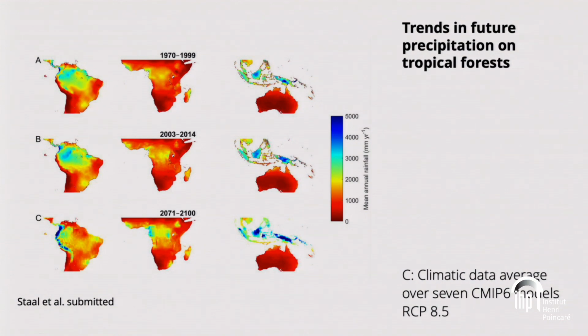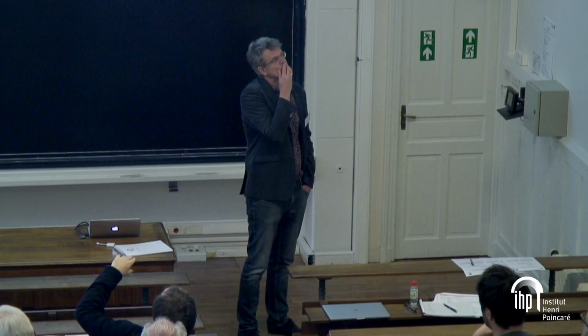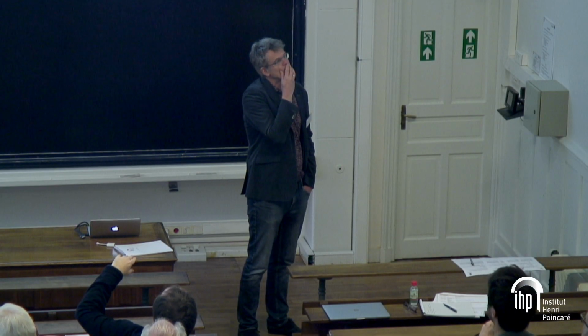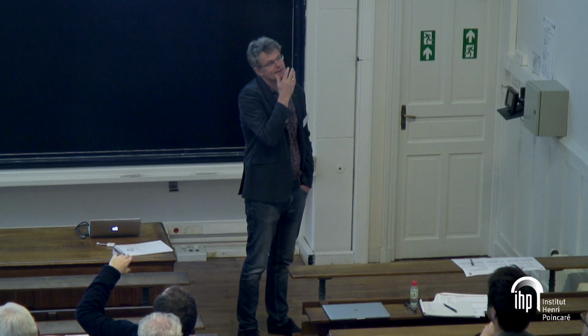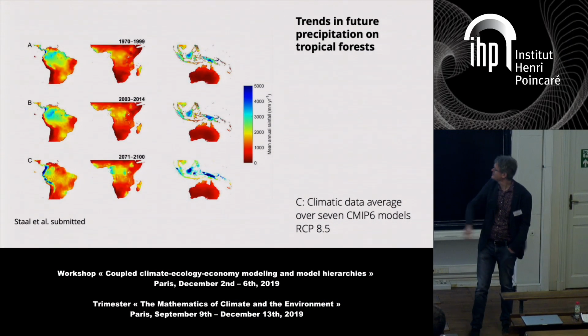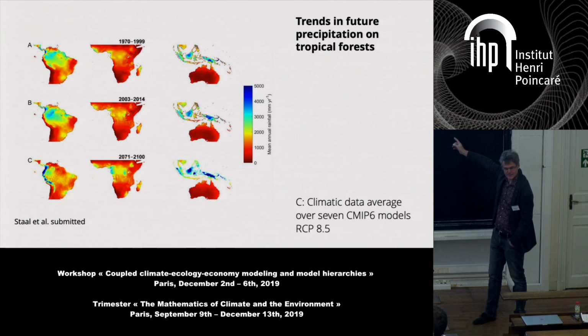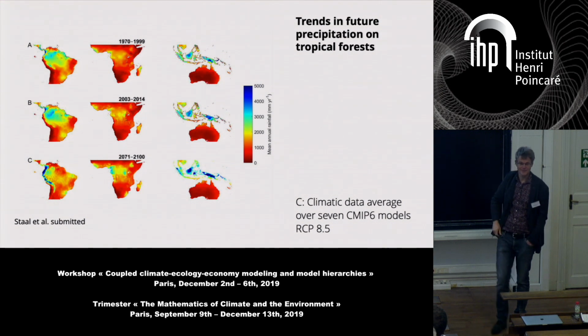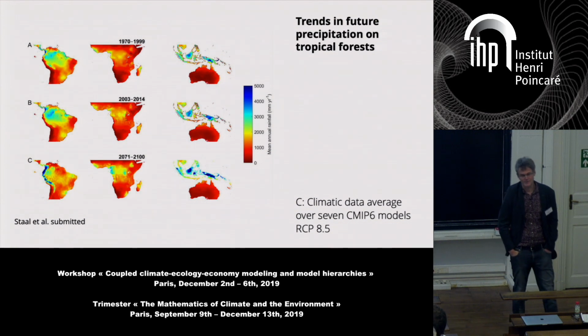I don't know. It depends, of course, also on your RCP scenario. But if we just take RCP 8.5, these are just the average data of these 6 CMIP-6 models, which are just out in a way.